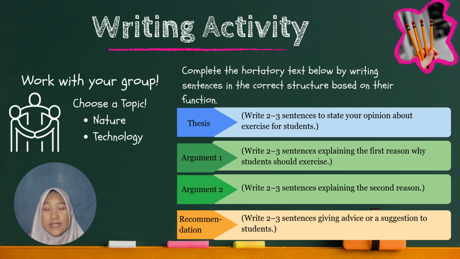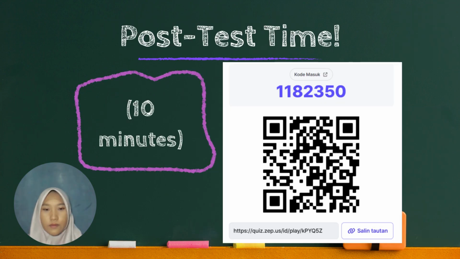It must consist of thesis, arguments, and recommendations. I will give you 20 minutes for your writing, and after that you need to submit it to my desk. Do you get it? All right. Now please start your work.